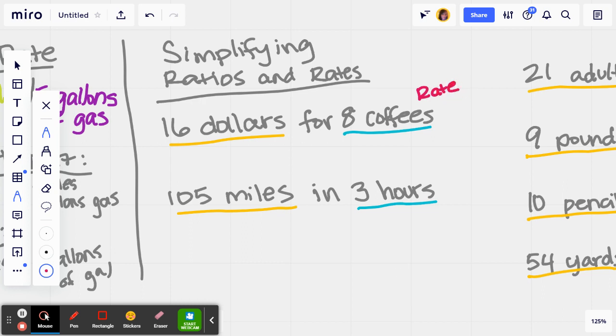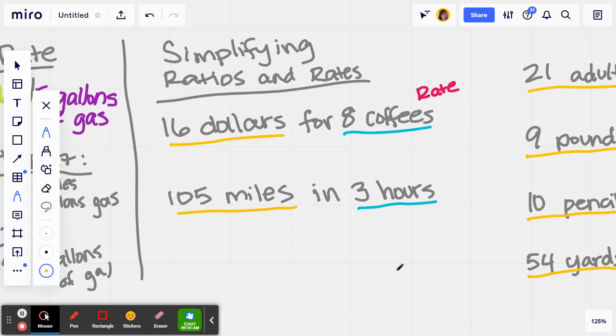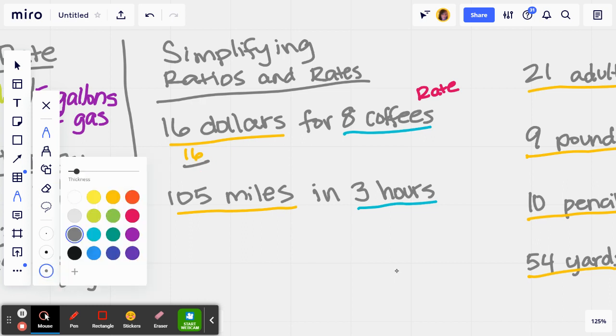Okay, so let's go ahead and make a rate. And then I would like you to see if you can do a unit rate. Okay, so our initial rate is going to be 16 to 8.